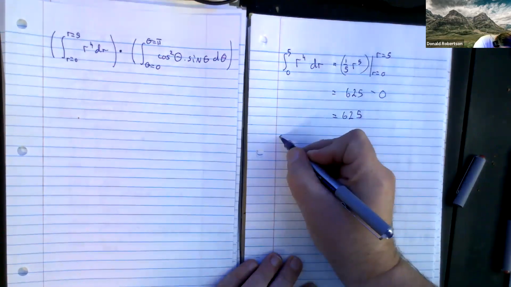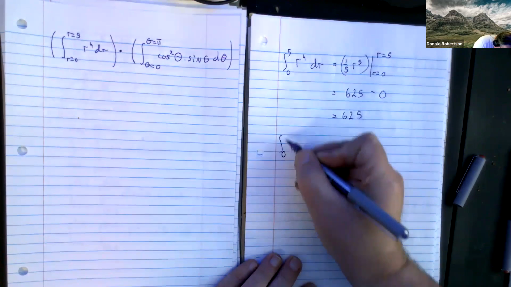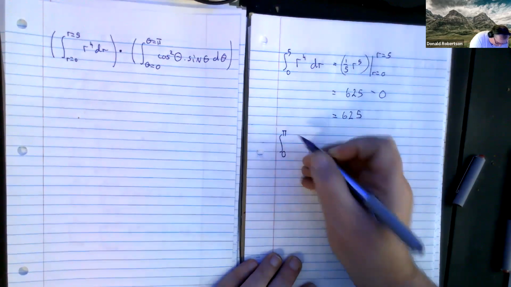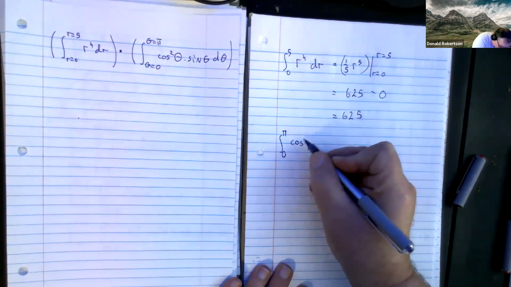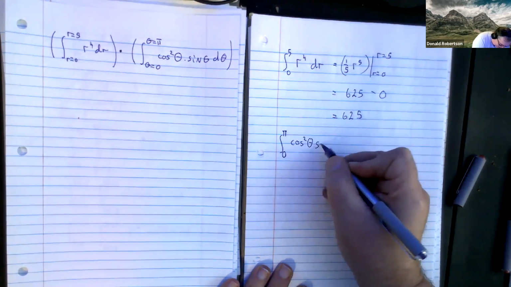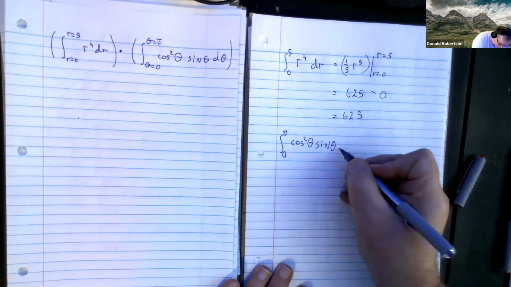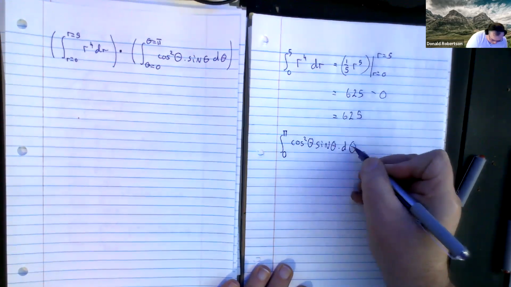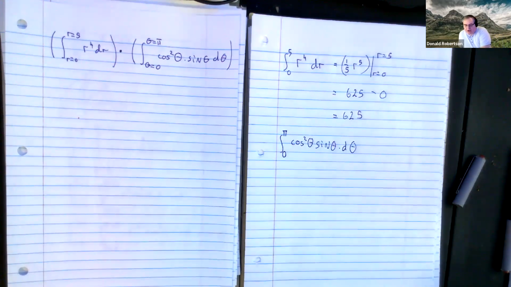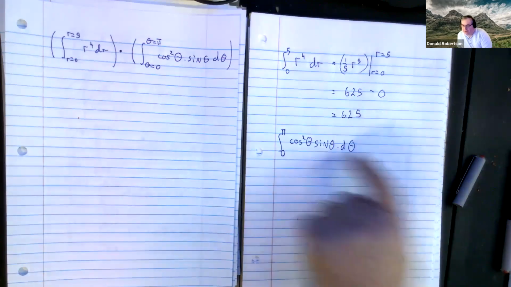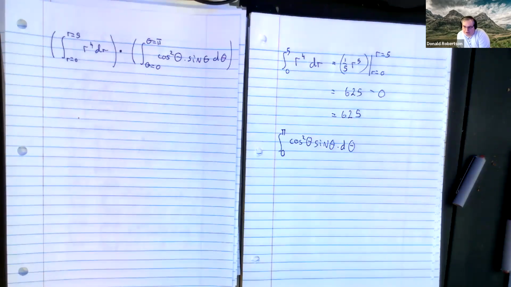On the other hand, this guy, he's going to cause some issues. And there isn't just one situation. When you get these guys, there are various techniques. One of the most common is going to be a u-sub, which is what this one is. But that's not the only thing.